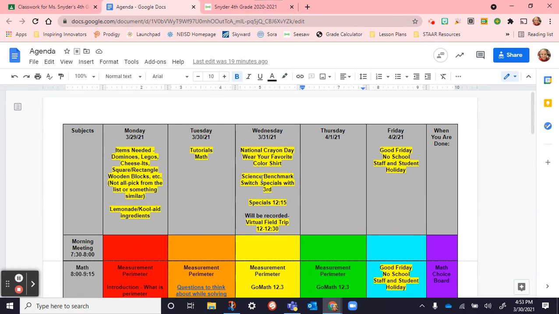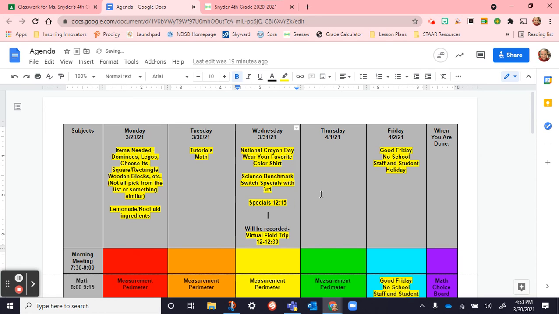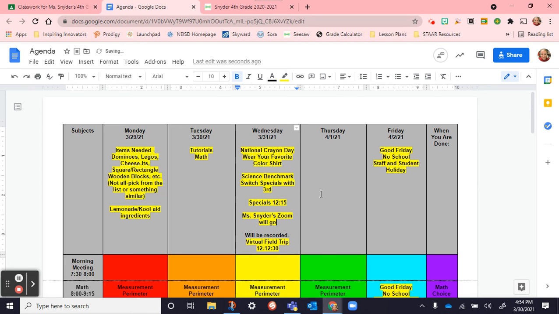Tomorrow, we've got National Crown Day, so we're going to wear our favorite color shirt. We have our science benchmark, so we're going to switch specials with third, and we have specials at 12:15. So Miss Snyder's Zoom will go till 2:50.